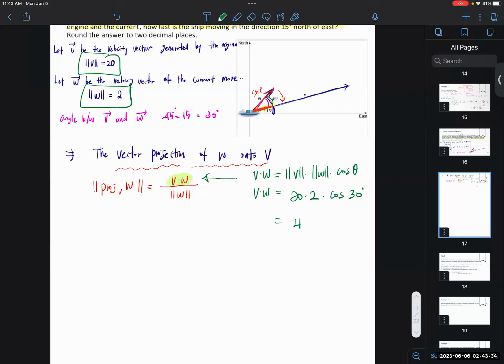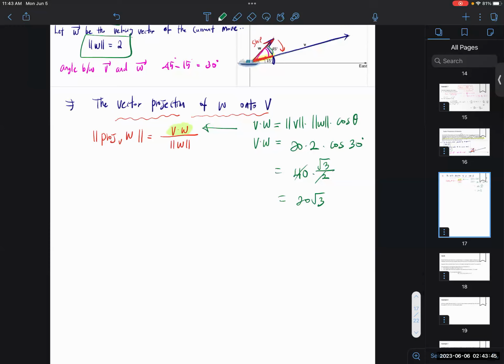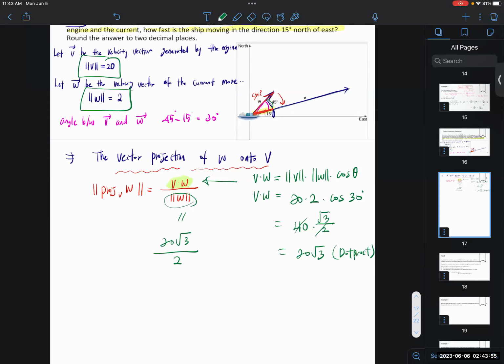So we have 40 times cosine 30, which is 3 radical 3 over 2, so we have 20 radical 3. That's the dot product between the two, and then we divide by the magnitude.